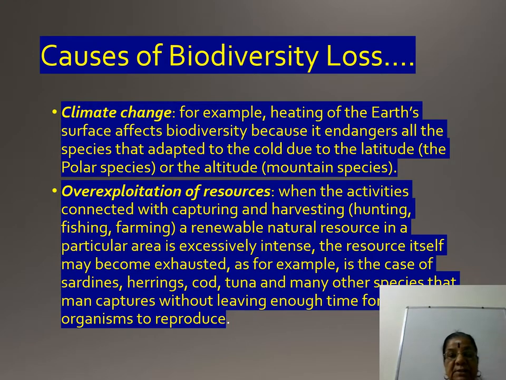But without allowing that, if the fishermen are fully capturing the fishes, that is over exploitation of resources.